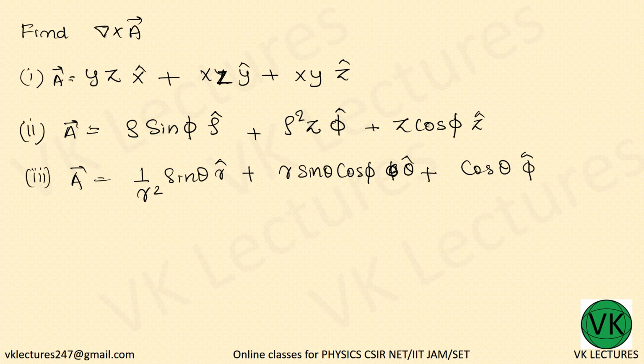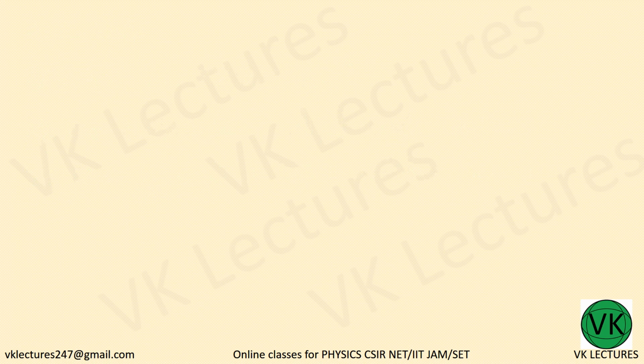Here are few questions for practice. Vector A in 3 different coordinate systems are given. You are asked to find del cross A, the curl of the vector A. So vector A is equal to rho sine phi rho cap plus rho square z phi cap plus z cos phi z cap.